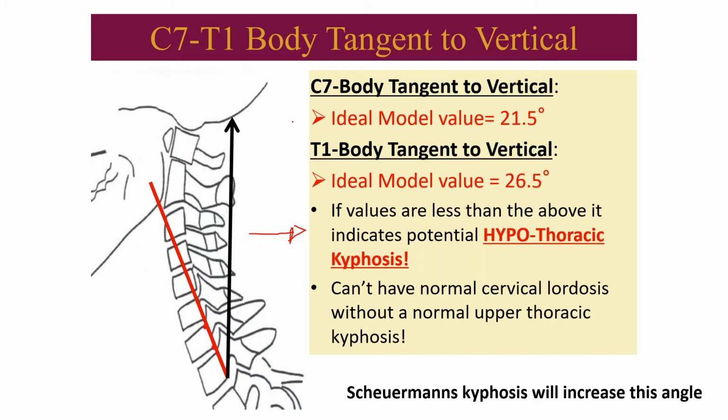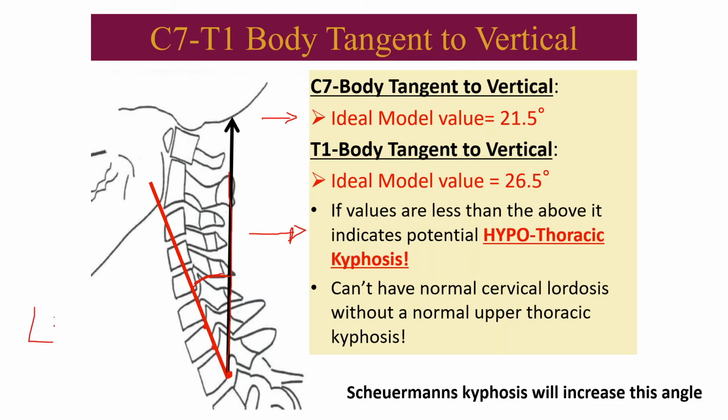If not, we use C7. For this value, I put a dot at the posterior inferior aspect of T1. I draw my line to vertical straight up. This is the same line behind T1 that I was using for my pizza angle. This value here is an indirect measurement of thoracic kyphosis.